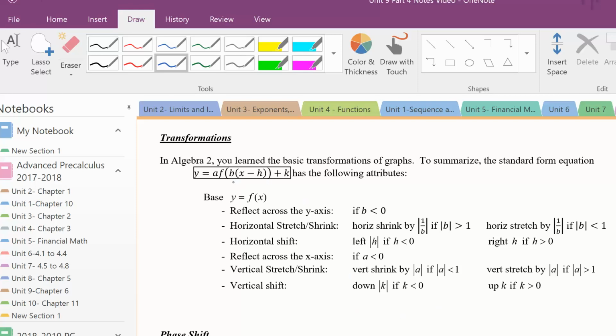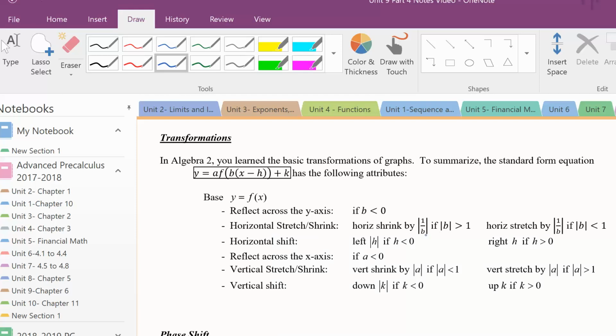Also, if the A term is greater than 1, it's a vertical stretch. And if the A term is less than 1, it's a vertical shrink, meaning the absolute value. So for example, if it's -5, the negative sign just talks about the reflection. The 5 is what you would determine the vertical stretch and shrink. So that would actually be a vertical stretch with a reflection across the x-axis.